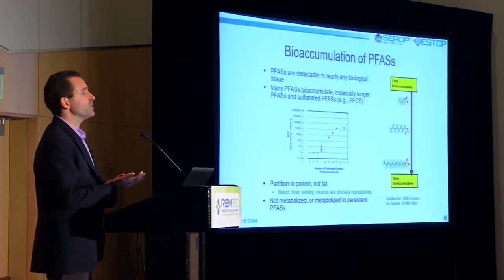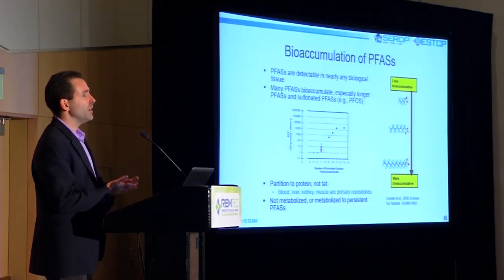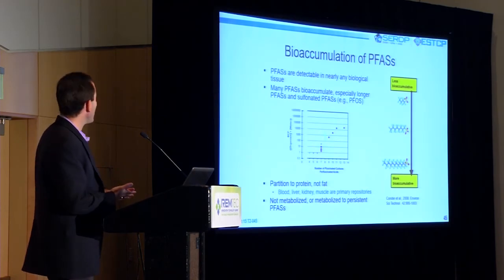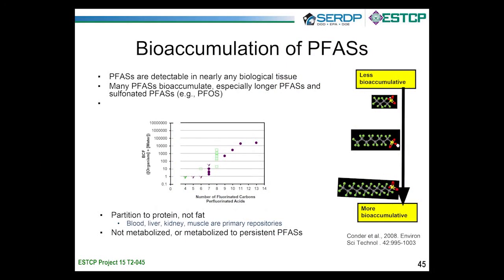As Chris mentioned earlier, bioaccumulation is a very important topic for these compounds. Because our analytical chemists are getting really good at detecting these chemicals in many environmental media, and because there are so many different products and potential exposures to humans and other animals and life, it's not difficult to detect PFASs in biological tissues.